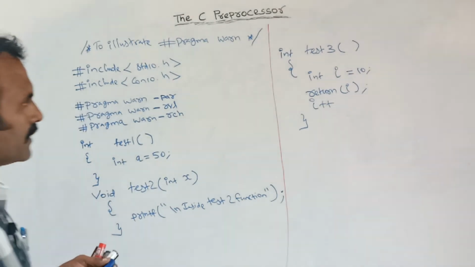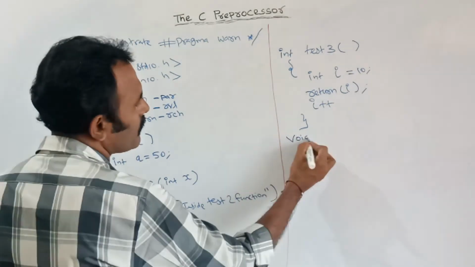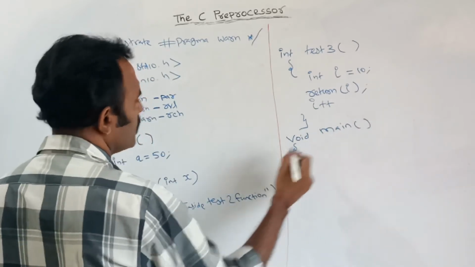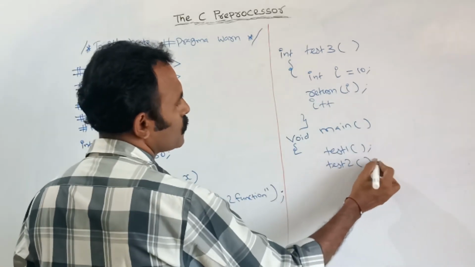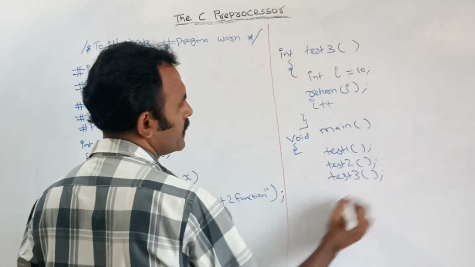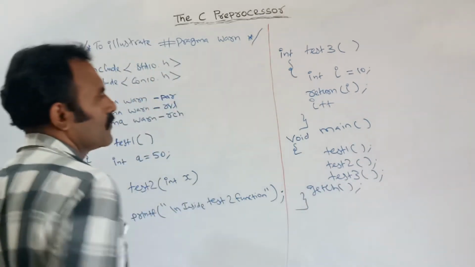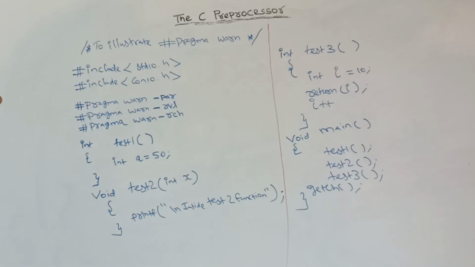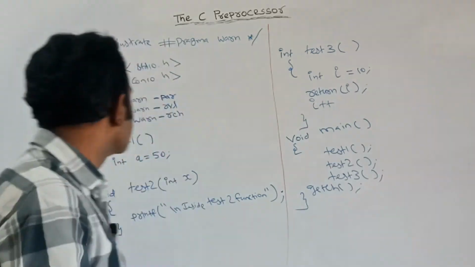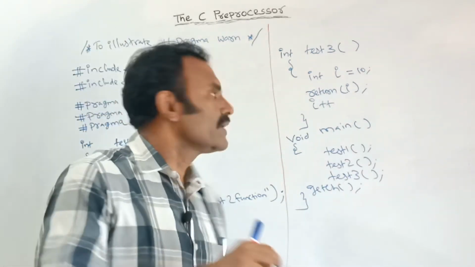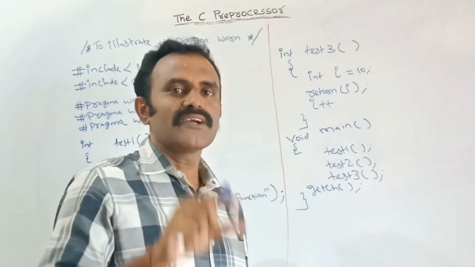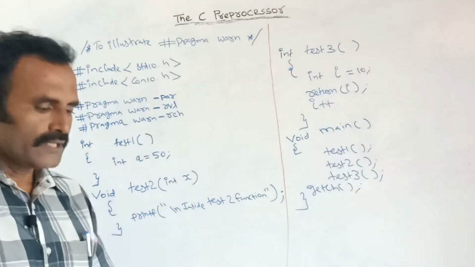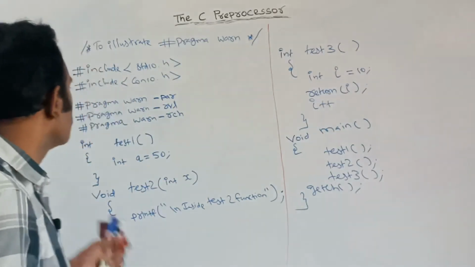Next, here the main function. Here I am calling the functions test1, test2, test3, closing the main. See, during compilation it will not show any warning, because by using this minus symbol, this pragma warn directive tells the compiler to hide the warning, so the warning will not be displayed.